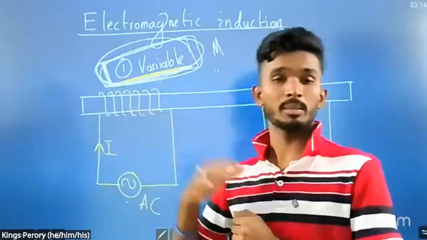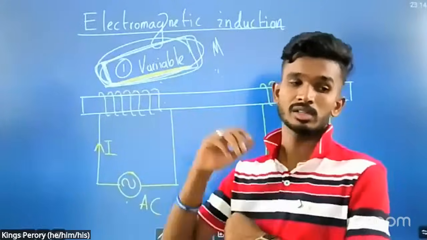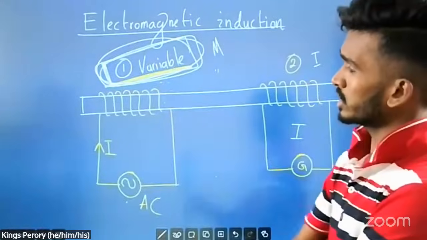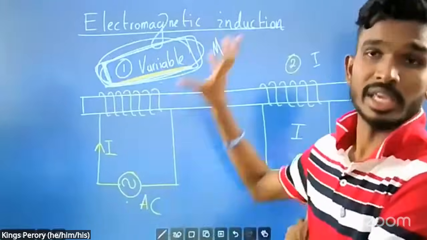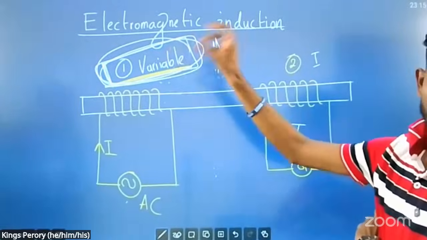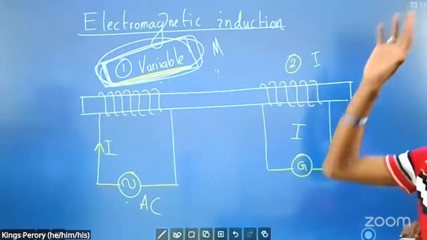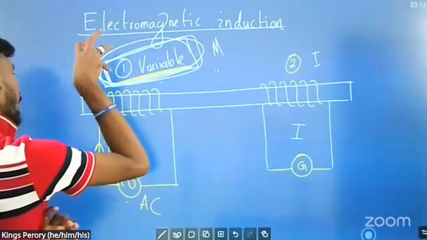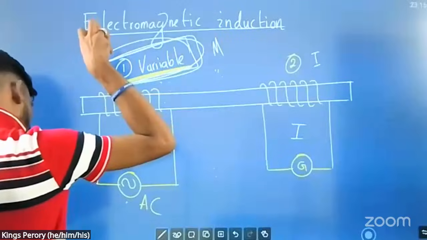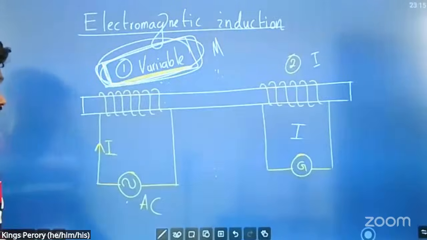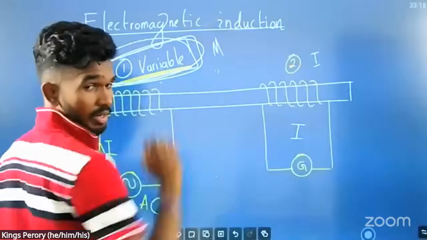What gives a variable current here? An AC current source. If I connect an AC current source, there will be a variable current. If there is a variable current, there will be a variable magnetic field. If there is a variable magnetic field, there will be a current induced. If I supply a constant current here, there will be a constant magnetic field, and there won't be a current induced.